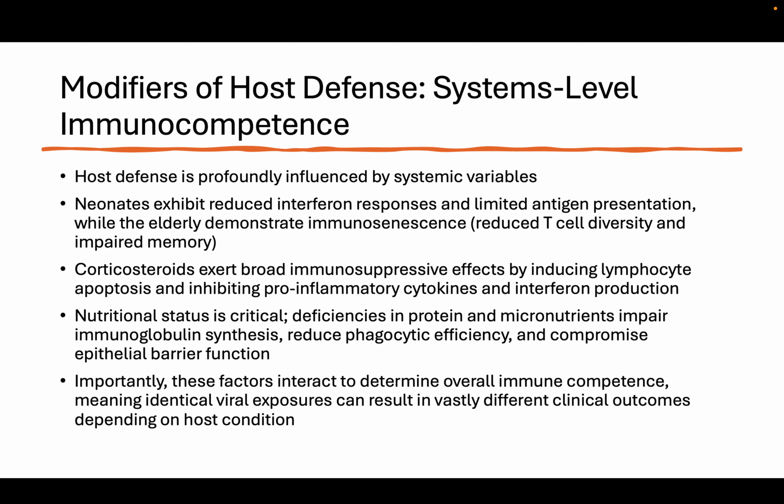We also see some people that are taking corticosteroids. These are drugs that suppress your immune system. You see this with people with transplants. They have a lot of viral infections. Nutrition is super important because deficiencies in proteins or micronutrients can inhibit immunoglobulin synthesis, so you have fewer antibodies being produced, reduced phagocytic efficiency, and you also compromise your epithelial barrier.